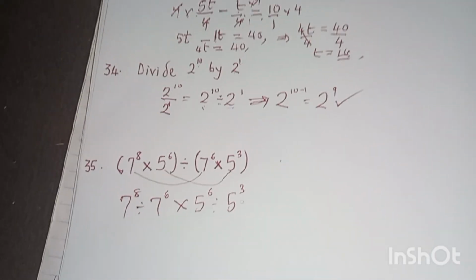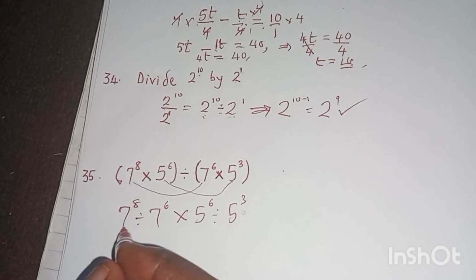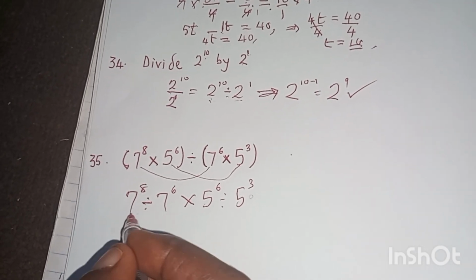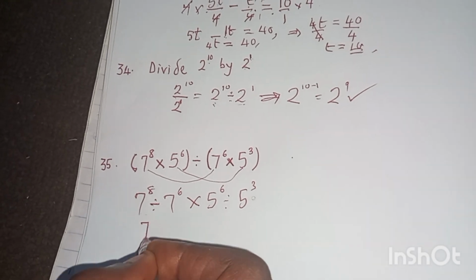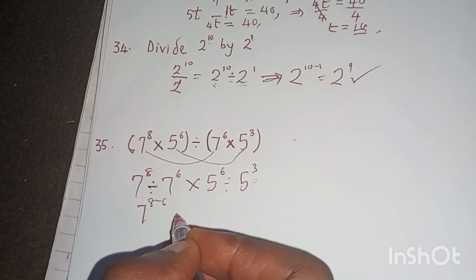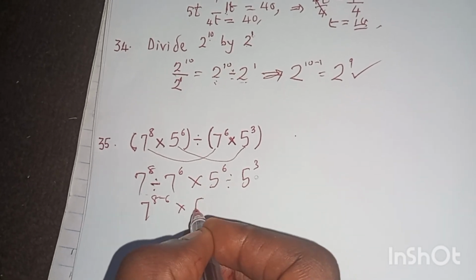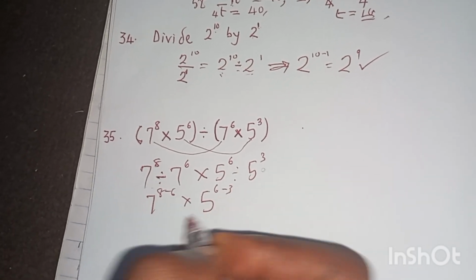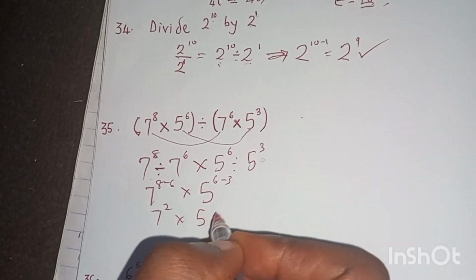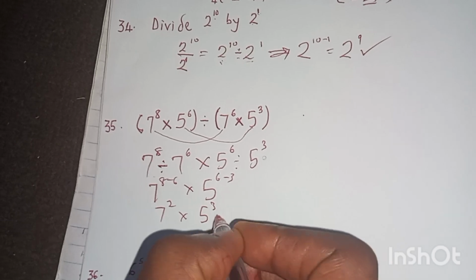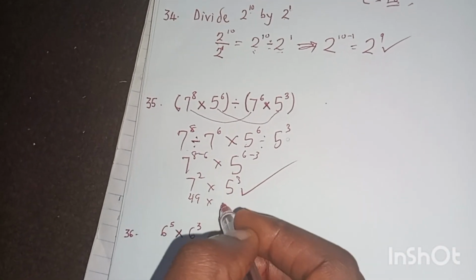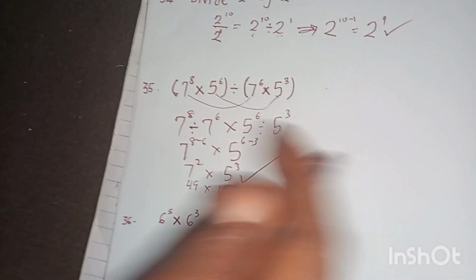Because they have division and the same base, just take one base, this 7, and the powers will minus each other. So you have 8 minus 6, times 5 raised to the power 6 minus 3. We have 7 raised to the power 2 times 5 raised to the power 3. Whatever this gives you is the final answer. This is going to be about 49 times 125, I guess. Yeah, so that's the answer.